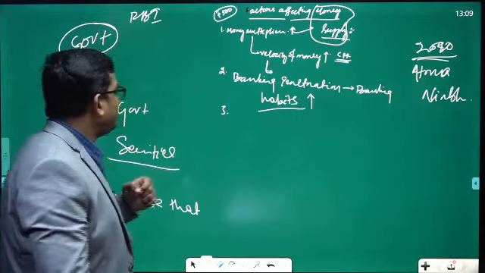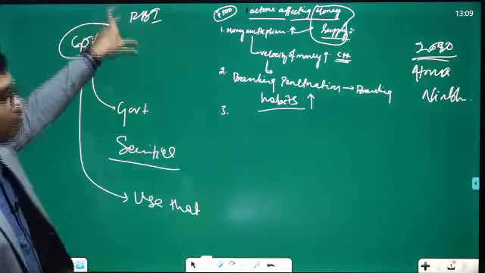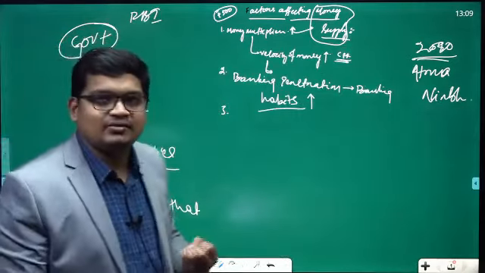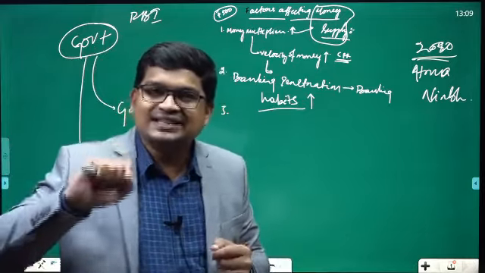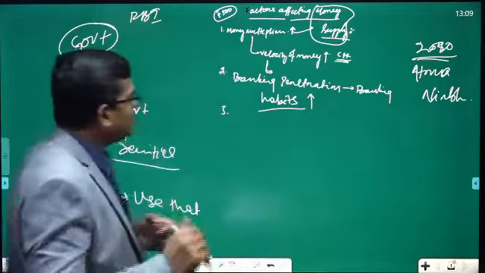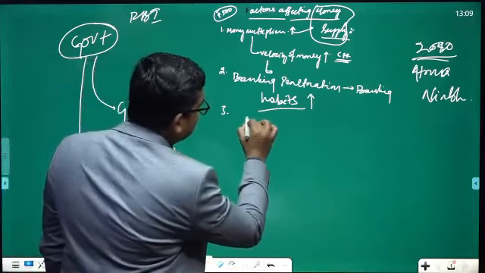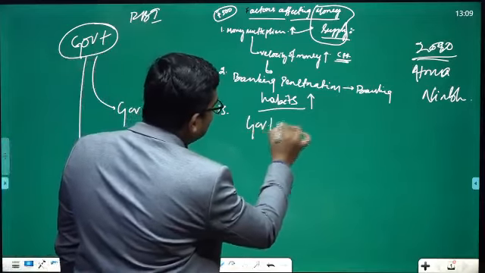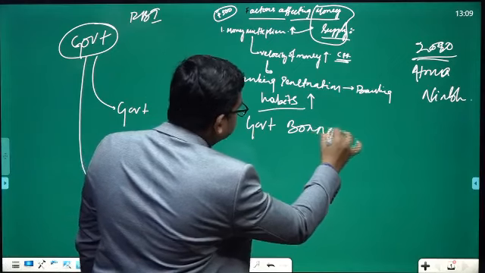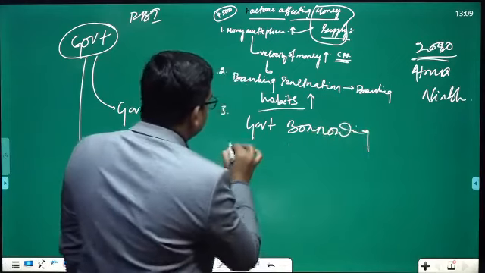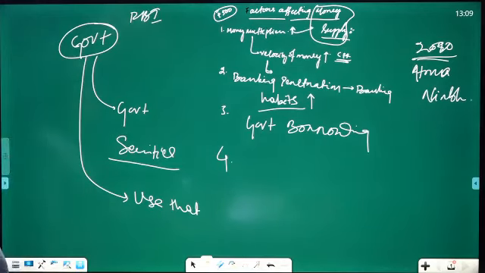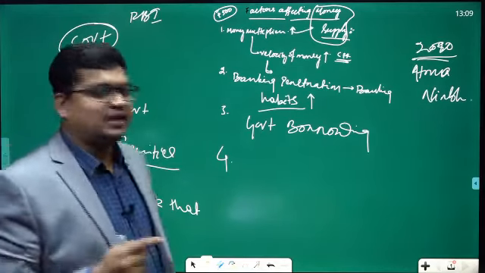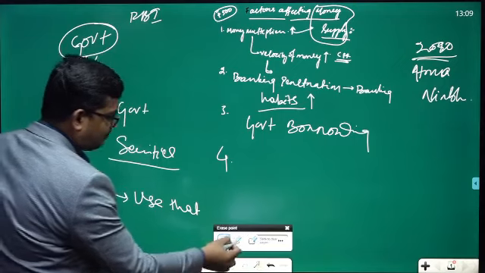So if the government, by borrowing from the Reserve Bank of India using these government securities, injected money into the economy, that also leads to an increase in the money supply, due to the government borrowing. Okay? Government borrowing also increases money supply in the economy.